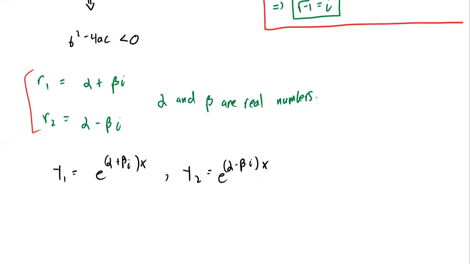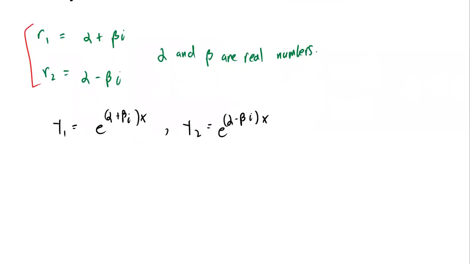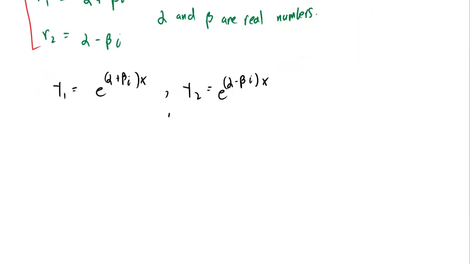I'm not going to do all the work because it doesn't take that much time, but I don't think it's that intuitive. I might ask you to do some of it as an exercise in the homework, but the idea is we have these two solutions, and we use something called Euler's formula. Don't worry about what this is.